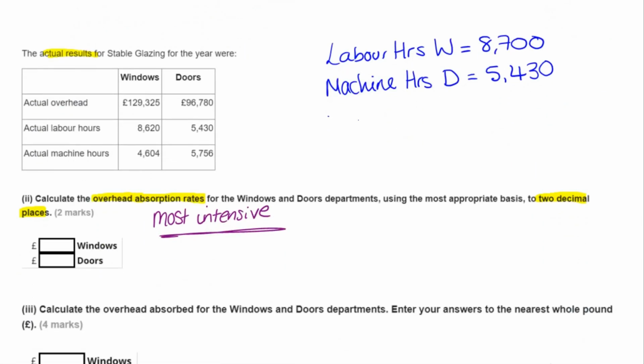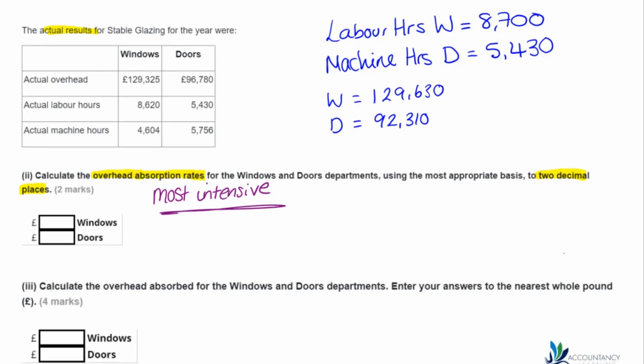So again, I'm just going to write the windows and doors in here so we have it to refer to. So for windows then, we've got 129,630 and we're dividing that, remember, by our labour hours, which gives us £14.90 per labour hour.